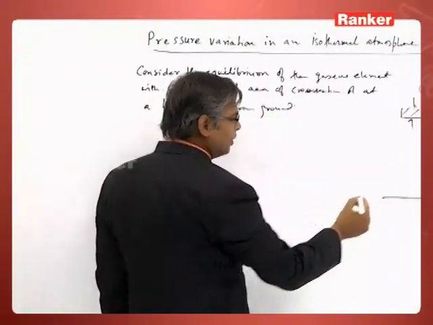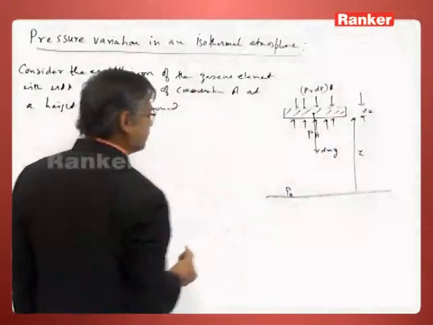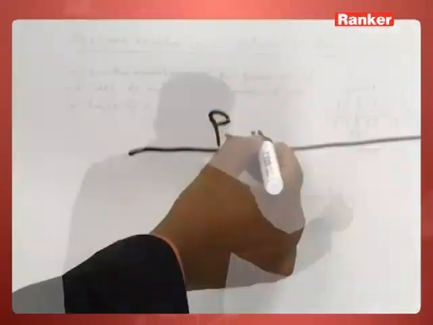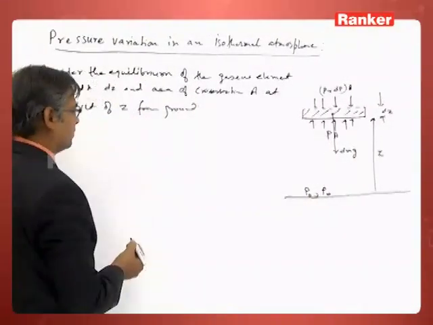So at the ground we have a pressure equal to P naught, as well as the density of air is rho naught here.